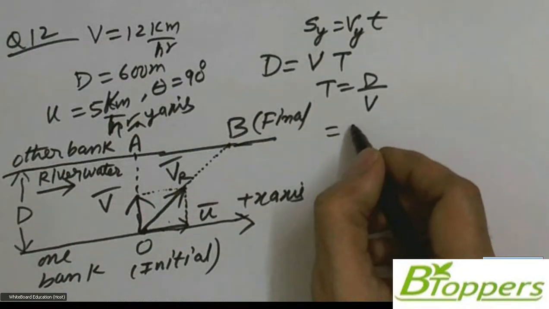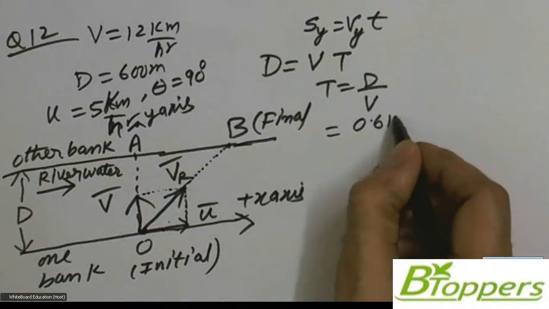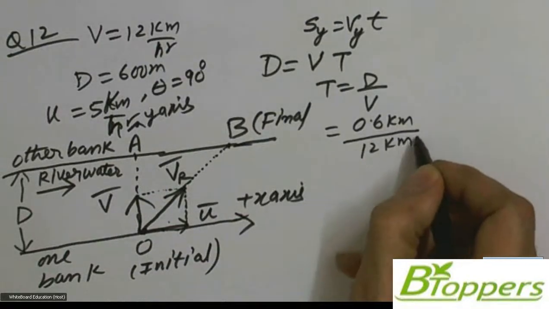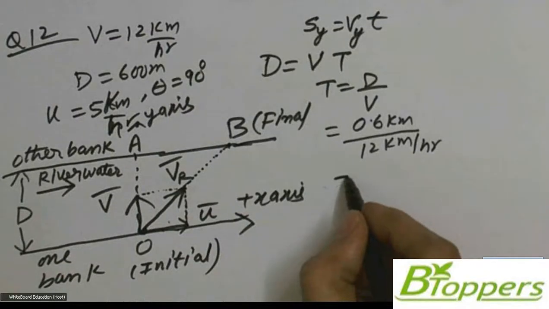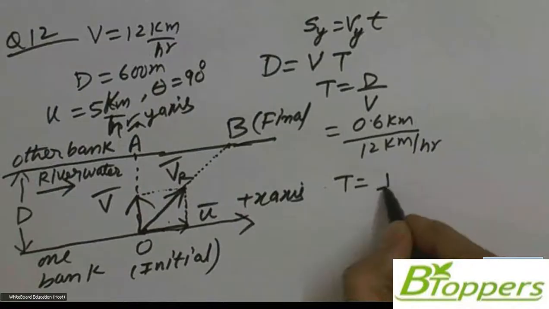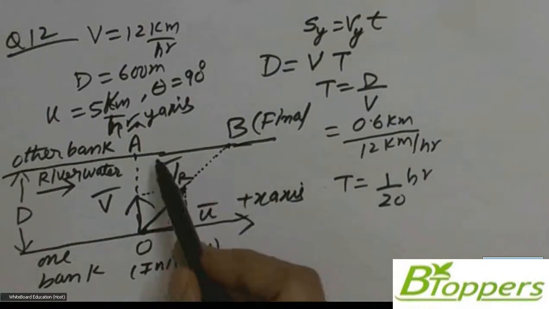D is 600 meters, which means 0.6 kilometers. V equals 12 kilometer per hour. So the time taken to cross the river will be 1 by 20 hours.